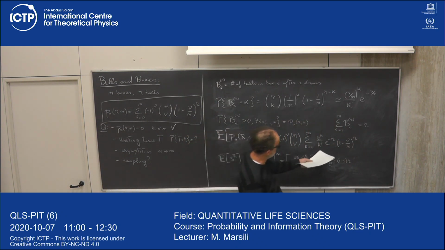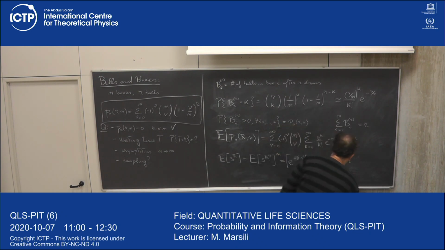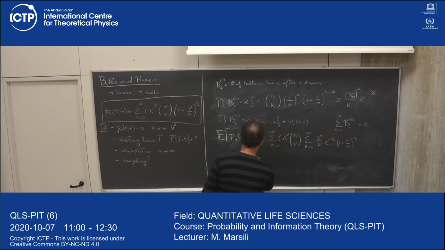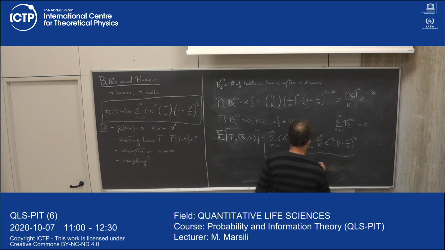As you can see, this sum just gives me the exponential. This is a power series of the exponential, so this object is just e to the minus R times e to the R (1 minus nu over n).